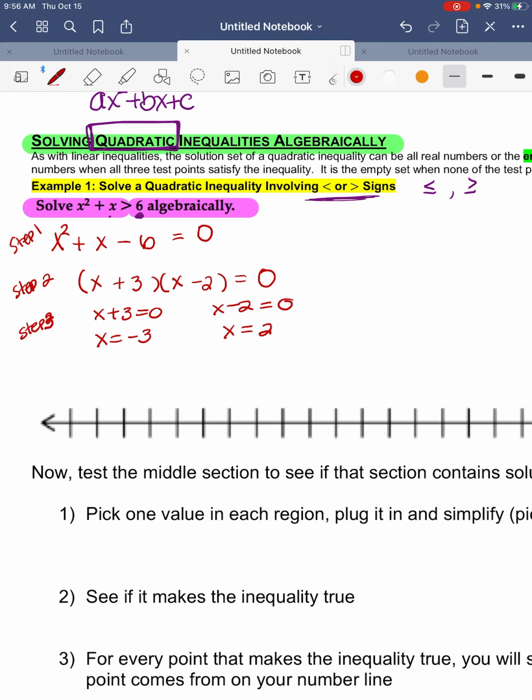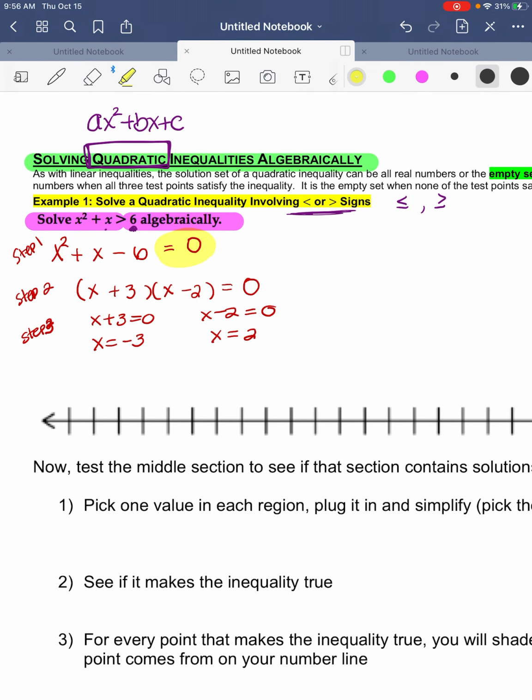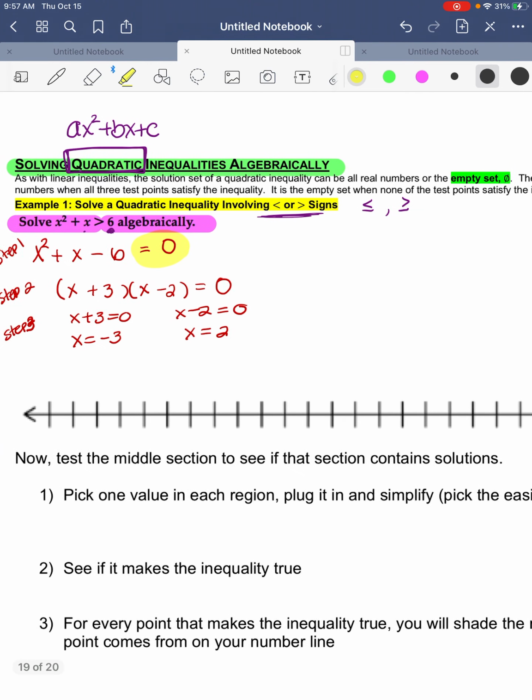These values that you're getting are not the answers. The negative 3 and the 2 make the equation equal to 0. I just need those points to plot them on the number line. So this is my number line.